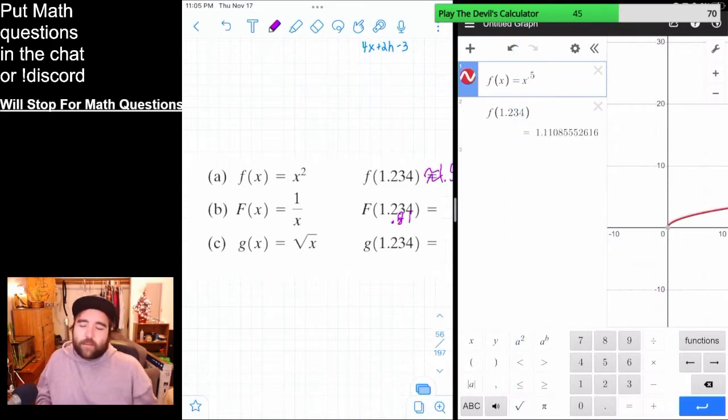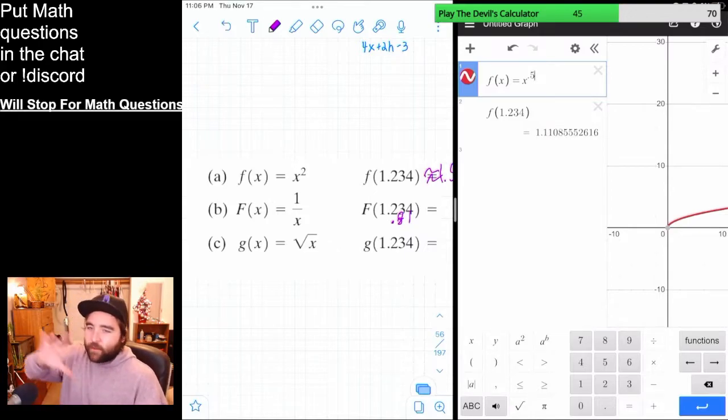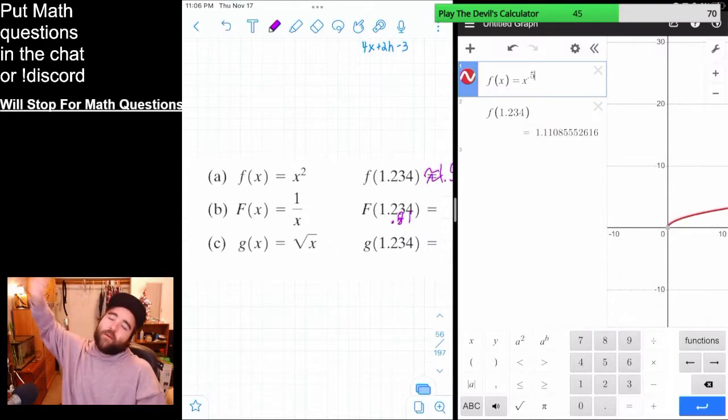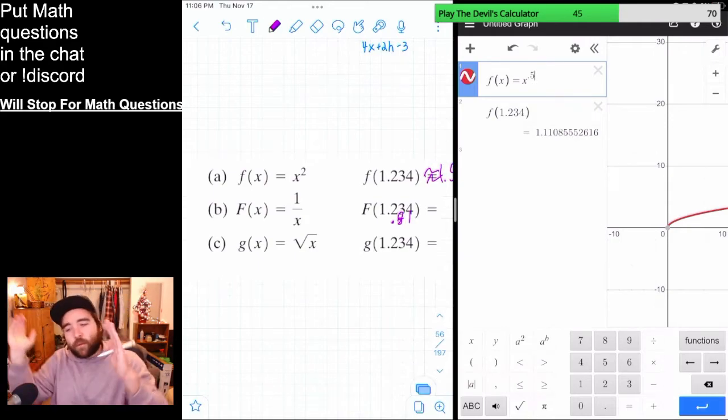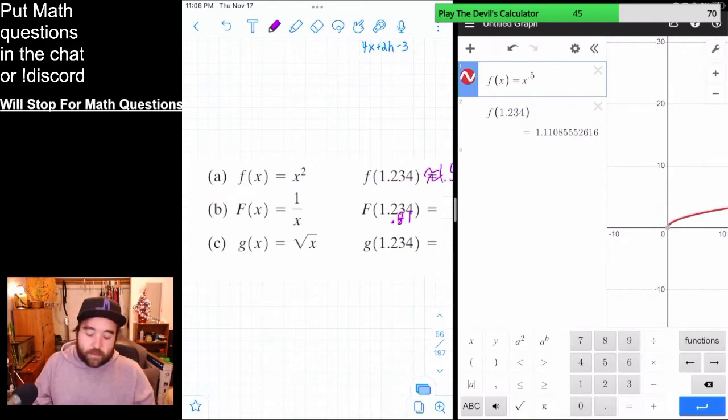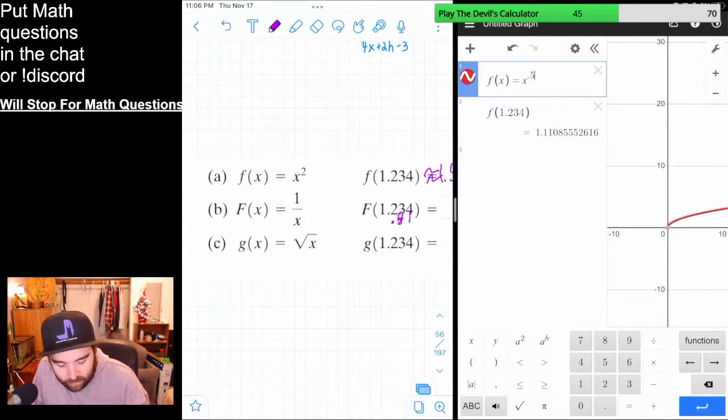And that just ends up being easier a lot of the time, because if I typed in something and then wanted to do the square root of it, I'd have to go all the way back to the beginning, and often it wouldn't put it inside the square root, or especially if you're trying to do cube roots. Just do it as a fractional exponent. That's something I've always done. And you'll see that it's the same thing. So here we get 1.11.